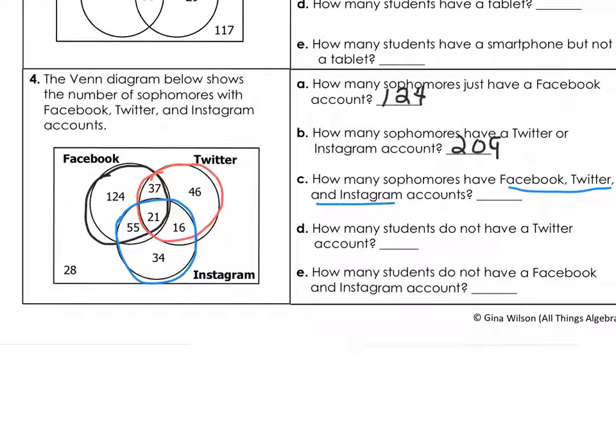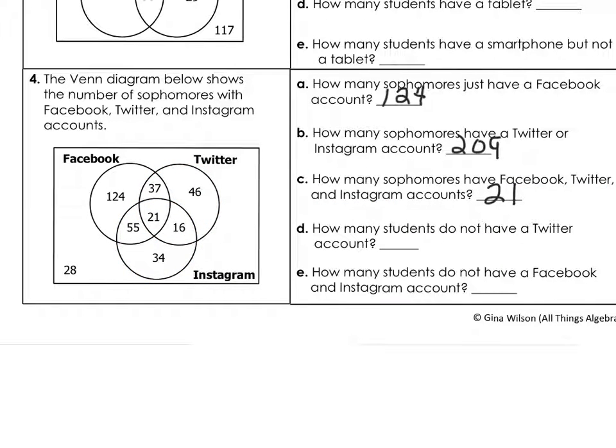So unlike this 55 here, where the blue is curved towards, the black is curved towards, but the red is curved away. So this does not have any Twitter in it. This does not have any Facebook in it. This does not have any Instagram in it. The only one that has all three is the one right there in the middle. So the answer to that question is 21.